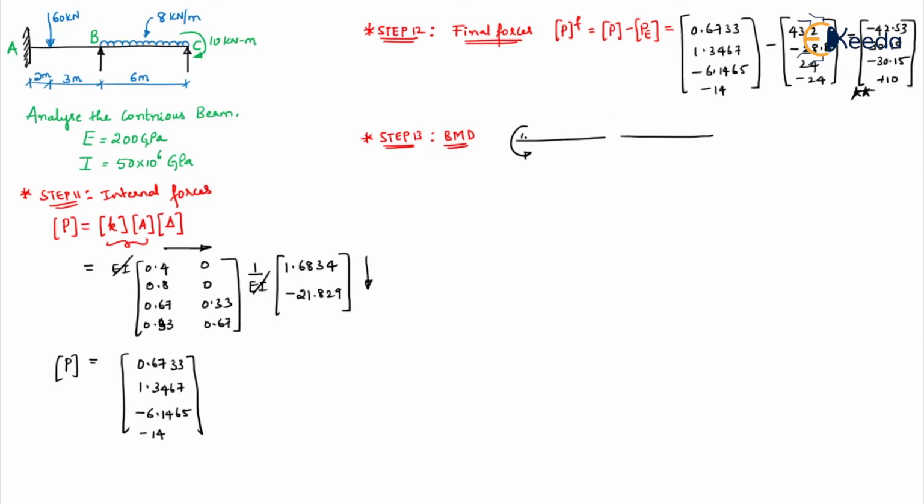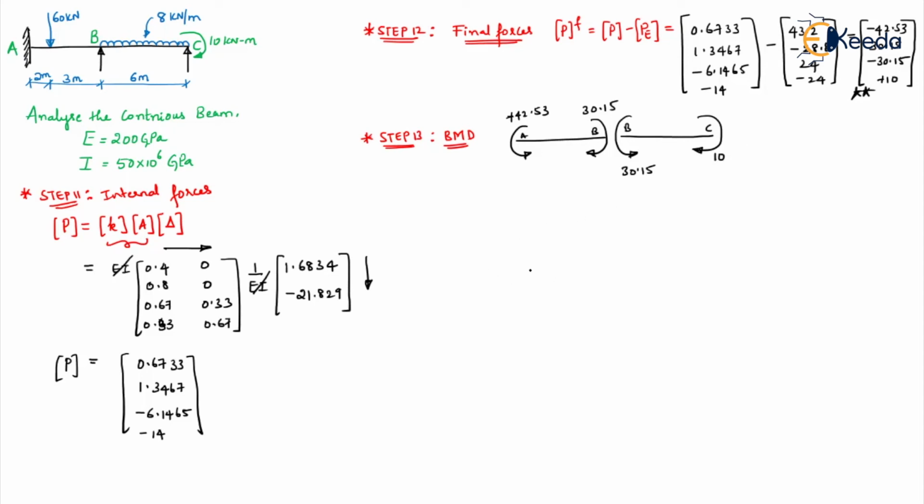Okay. So this is your force at point A, point B, point B, point C. So this is positive, so clockwise. So this will be minus 42.53 and this will be 30.15. You don't have to write minus, already you put the direction. So here it will be anti-clockwise. Why? Because it's minus. So 30.15 and here it will be 10.